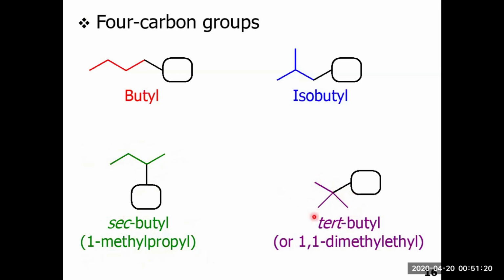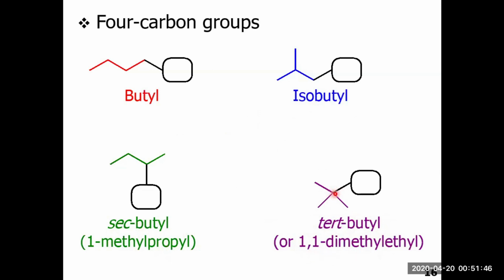Now, this one has a funny structure. This is known as tert-butyl. These are non-IUPAC names. The isobutyl, sec-butyl, and the tert-butyl are common names. The systematic name for the tert-butyl is actually 1,1-dimethyl ethyl. So why is it called this way?